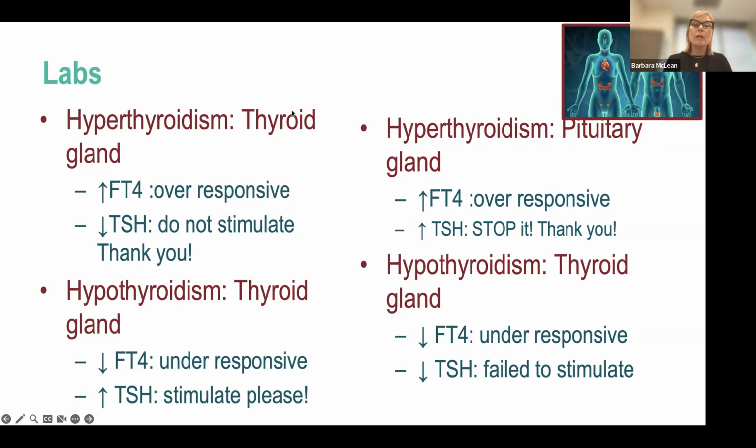Now, if the thyroid is the problem, free T4 and T4 will be elevated, but the TSH will be low because the pituitary is saying, thyroid gland, stop releasing thyroid hormone. TSH is low. If you are hyperthyroid and the problem is the pituitary, you're going to see that the TSH is not behaving as it should. Your T4 is high, your pituitary gland should stop stimulating. But if the pituitary is stimulating and your T4 is high, this is a pituitary problem.